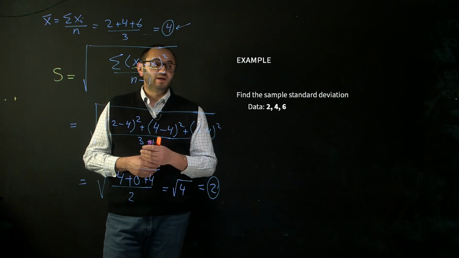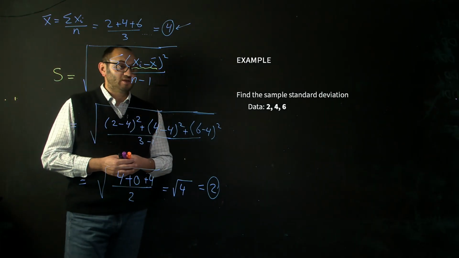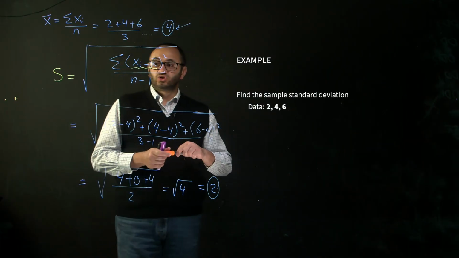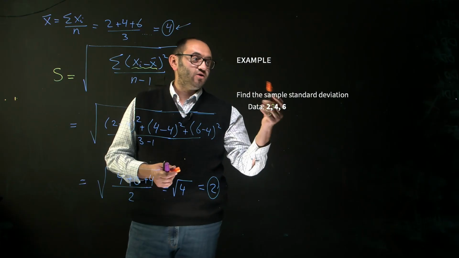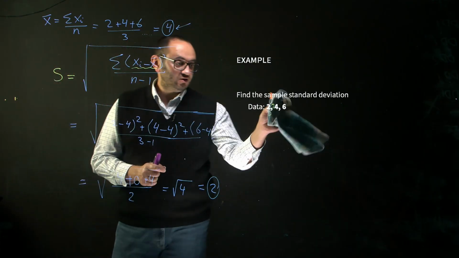Actually, there is an equivalent formula of the variance, or the standard deviation. So let me introduce that formula here. The variance, or S square, this is another way to find the standard deviation or the variance.